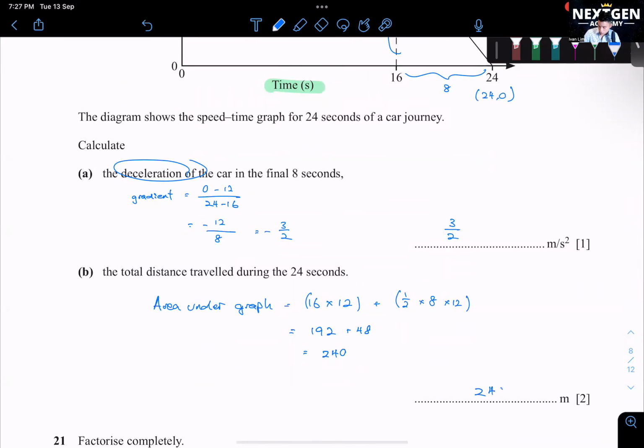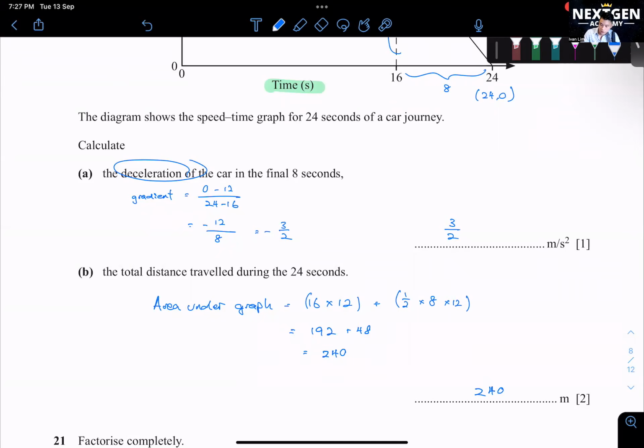Okay, 240. Yes, you can also, like what Yannick said, use the trapezium also. Okay, very good. You learned it already, right? You can use the trapezium also, up to you.